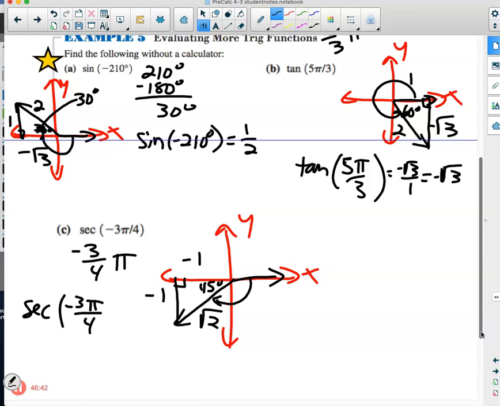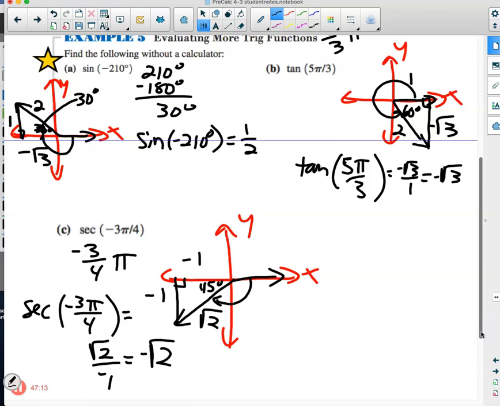Somebody tell me which primary trig function we have to flip to get secant. Cosine. Right, and cosine is adjacent over hypotenuse, so we need hypotenuse over adjacent. Square root of 2 divided by negative 1, and we get negative square root of 2.